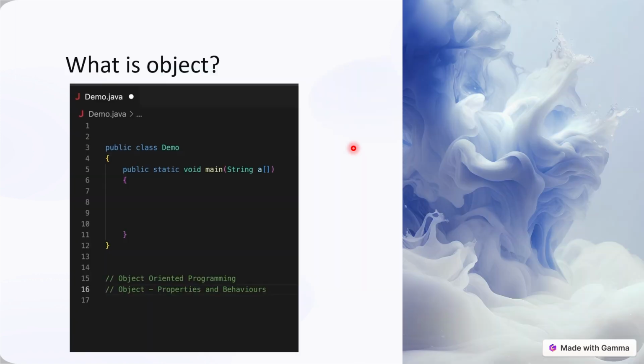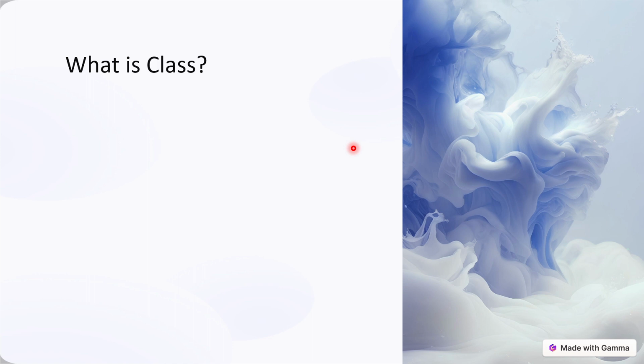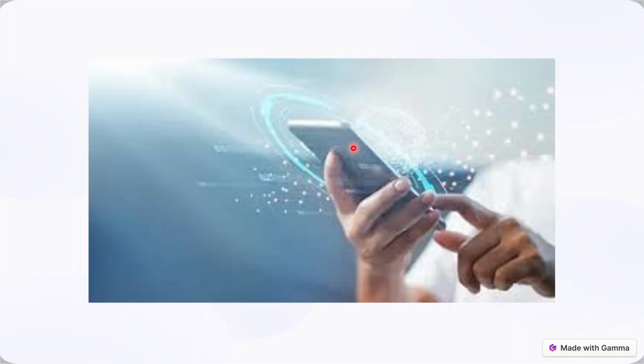So what is a class? Suppose you say mobile. If you say only mobile, you cannot visualize which mobile it is. But if I show this picture and mention that this is a Samsung mobile of this XYZ model, then you visualize, oh, this is the Samsung mobile.